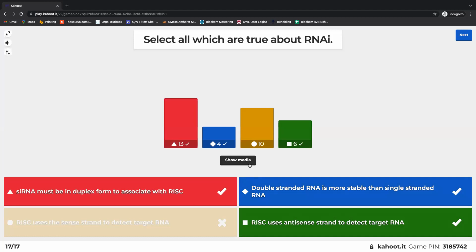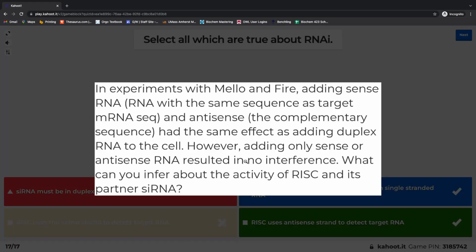Let's go over sense versus antisense. Do you guys understand sense versus antisense, like that the prompt makes sense? Okay. If you have a duplex, one strand has to be exactly identical to the mRNA and one has to be complementary, right?